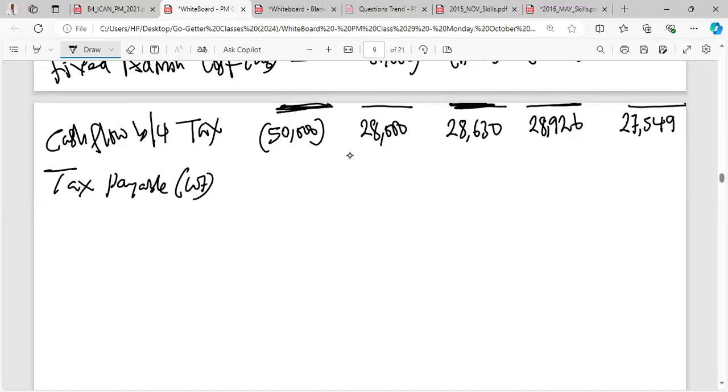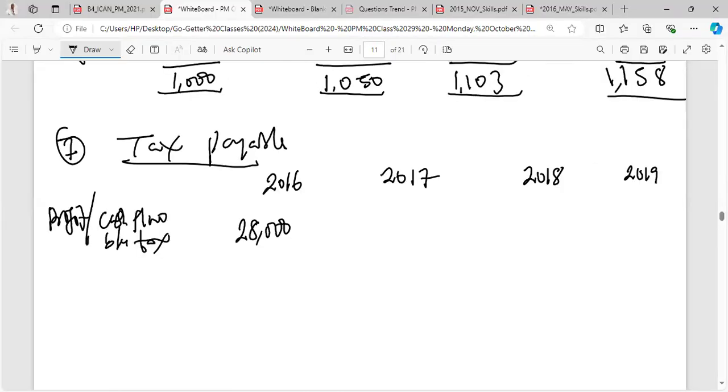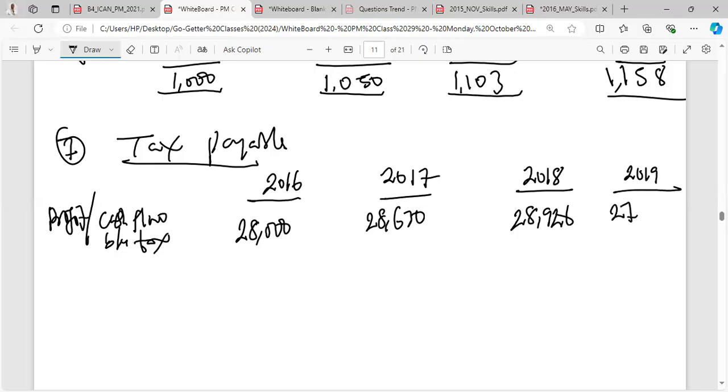Of course, we're not paying tax here, so let me just put a dash. Then 28,630, 28,926, and 27,549.